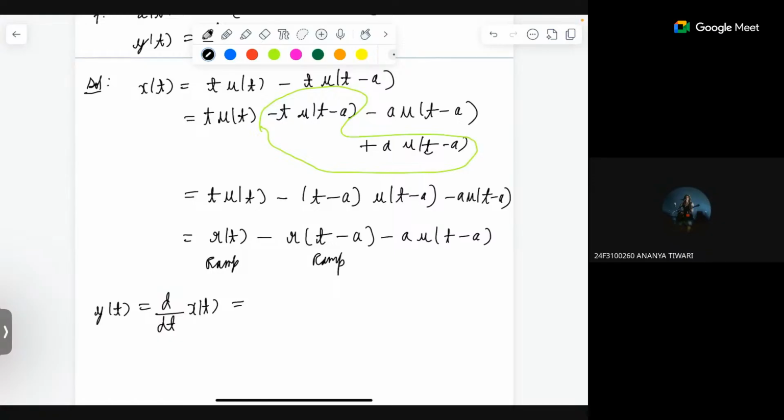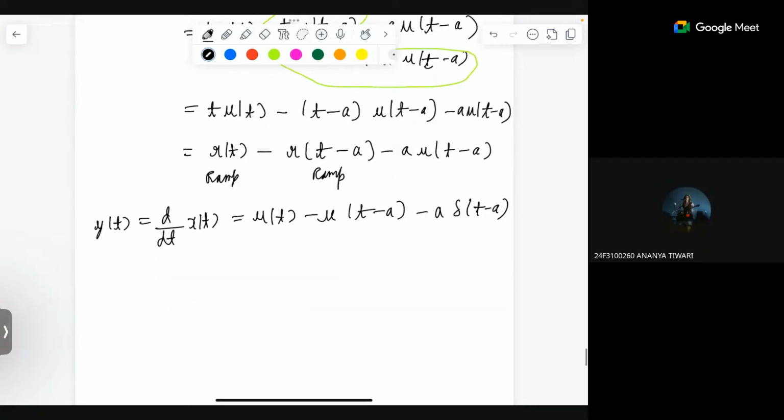So the derivative of the first ramp will become u of t. The second will become minus u of t minus a. And this will become minus a times delta, since the derivative of unit step is the Dirac delta. So this is my y of t. Now I will sketch it.